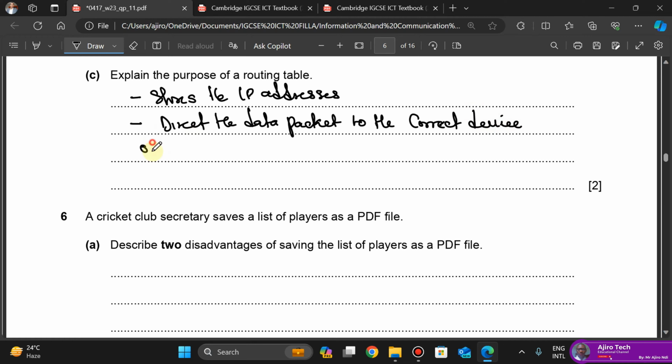For others, we've talked about routing information. It is also used to determine where the data packet will be directed, and we've all said the same thing. So it stores the MAC address as well. We've come to see that, and the IP address.